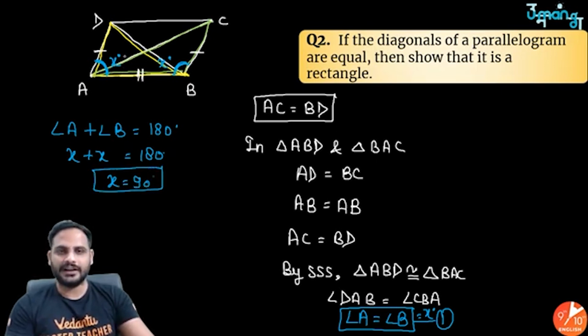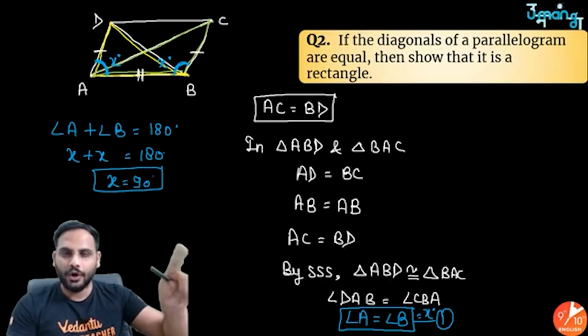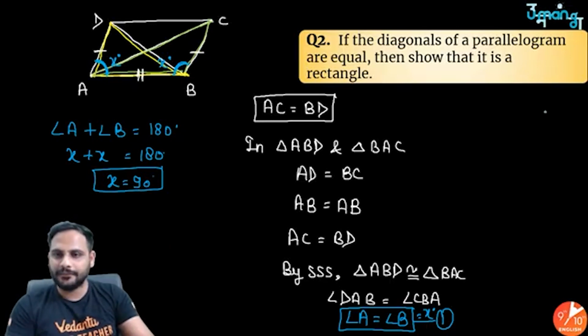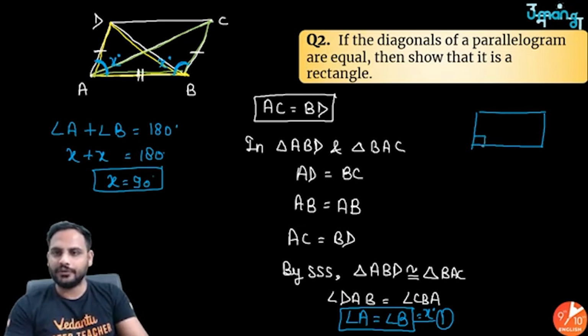So in a parallelogram, if any one angle is 90 degrees, automatically all angles will become 90. How? Understand. If any one angle is 90 degrees in a parallelogram, I know opposite angles are equal, so this angle will be 90. Adjacent angles are supplementary, so if it is 90, this will also be 90.